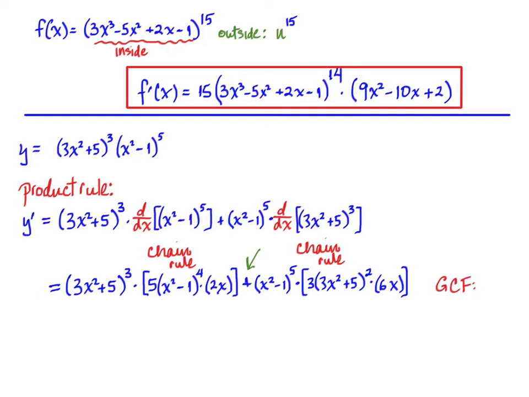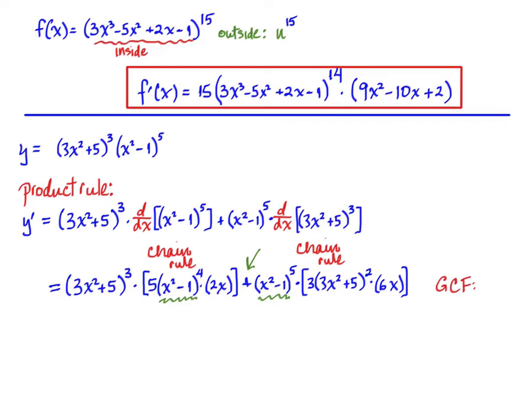So let's look for common factors. I see that I have an x squared minus 1 to the fourth in the first term, and in the second term I have an x squared minus 1 to the fifth. So x squared minus 1 to the fourth is the highest power of that polynomial that we have in both terms.